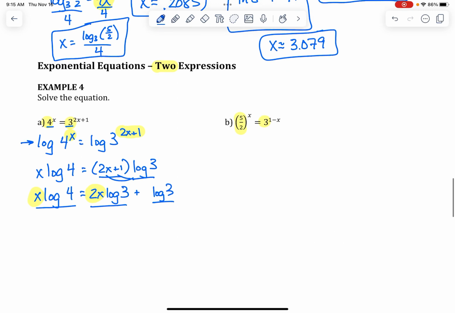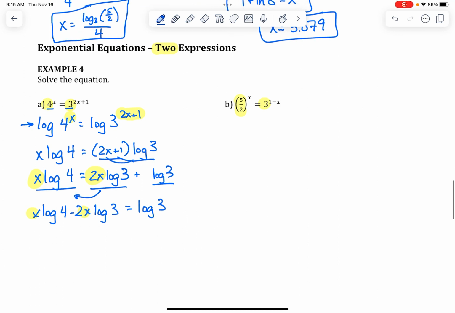So I'm going to move this x term over to the left, and we're going to have x log 4 minus 2x log 3 equals log 3.